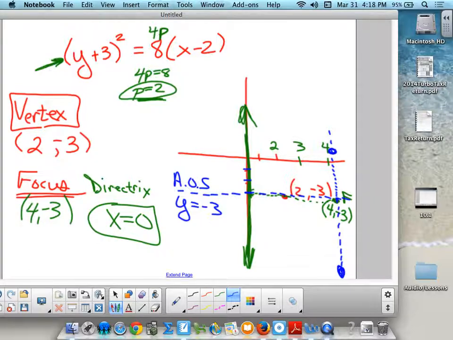I don't know. But the one thing I should know is that this thing is 4 to the right because the focus is 4 to the right. So this is 4 something, 4 something here too. All right, well, how do we get it? We plug it into our formula way over here.